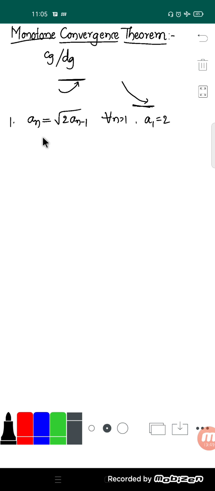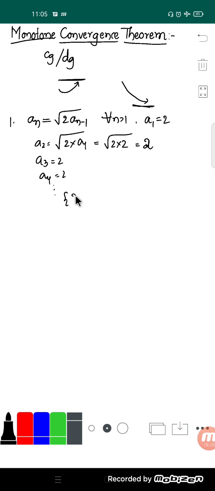Then a2 is square root of 2 into a1, that is square root of 2 into 2, which is 2. So a3 you will get 2, a4 you will get 2. This becomes a constant sequence of 2 which converges to 2, so we are unable to use the monotone convergence theorem here.